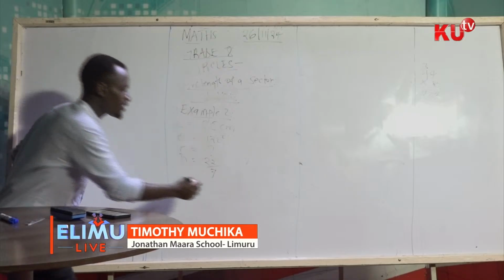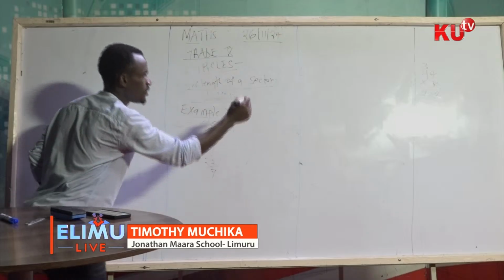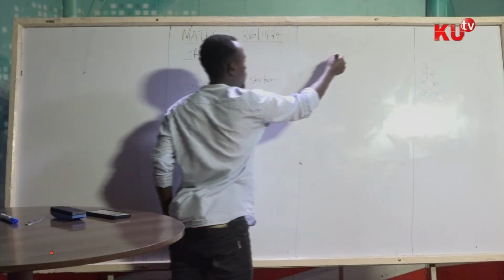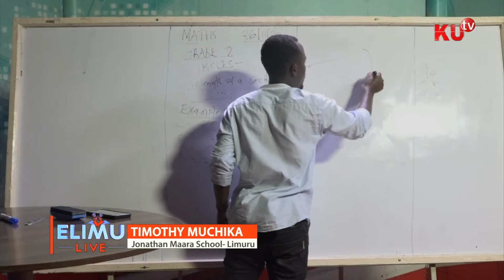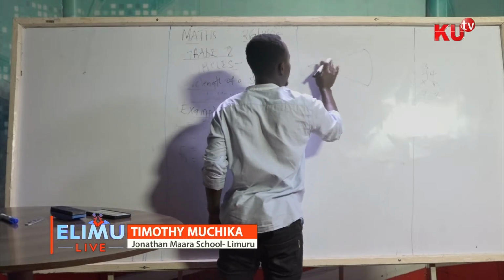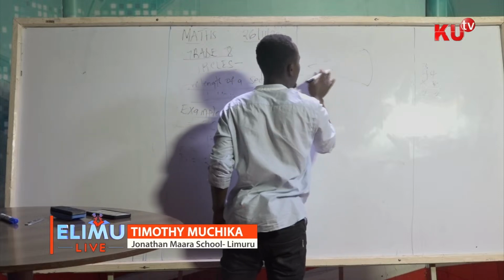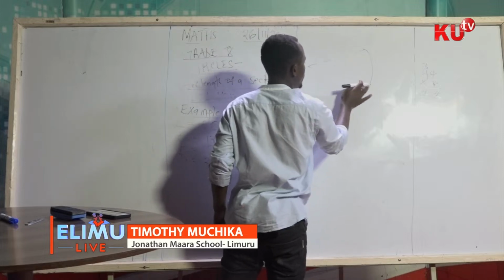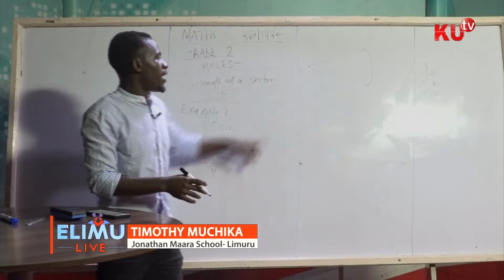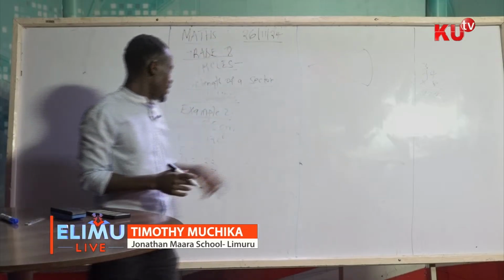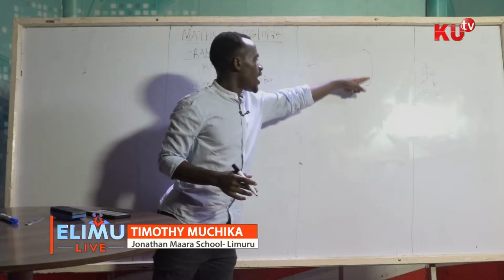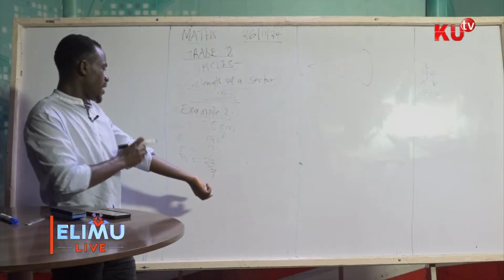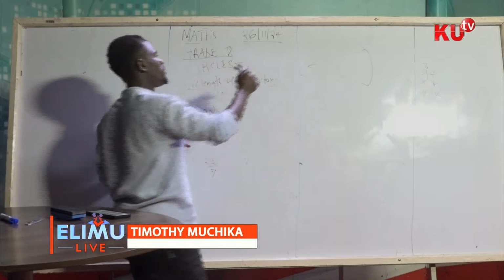So let's make a sketch so that we see what exactly this question means. Let's assume this wiper is of this shape, made as it was wiping the windscreen. It made a shape that looks like a sector, and we have not been given the radius here.